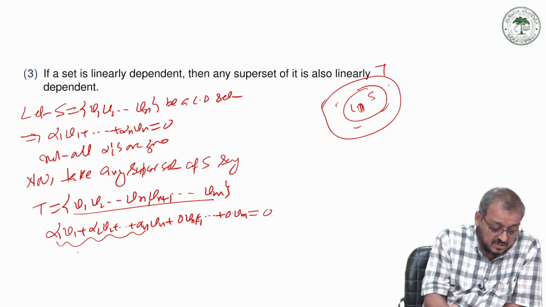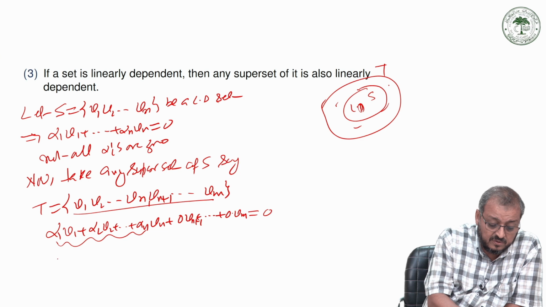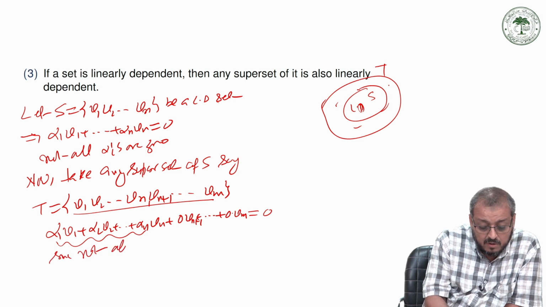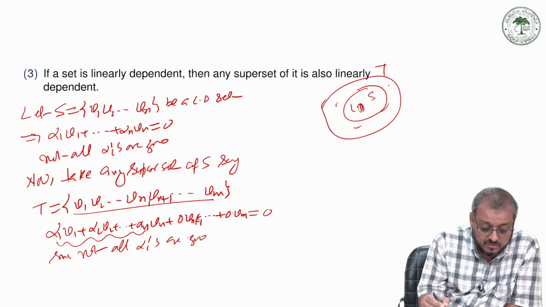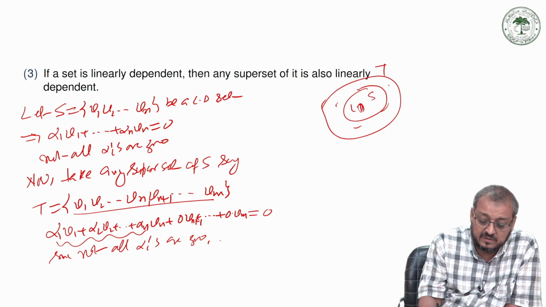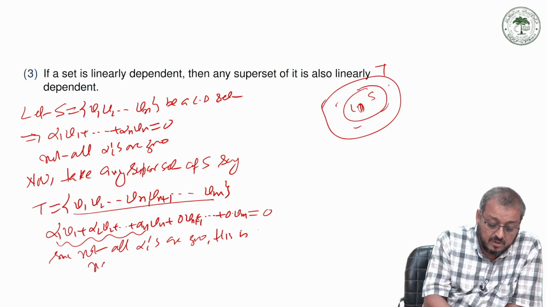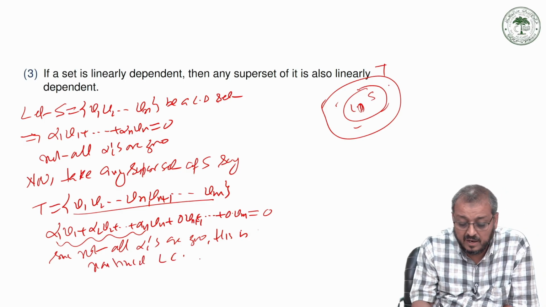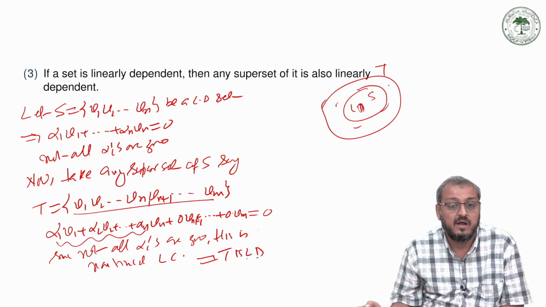So this is a non-trivial linear combination, and this implies that T is linearly dependent.